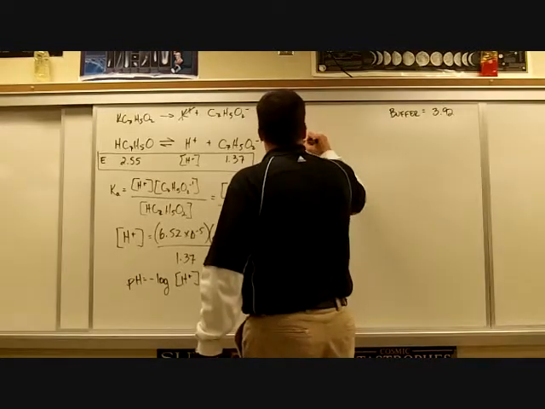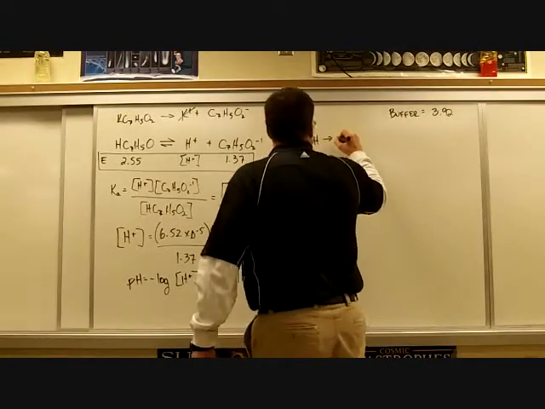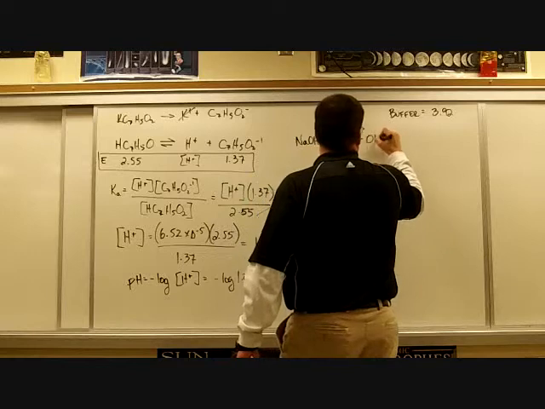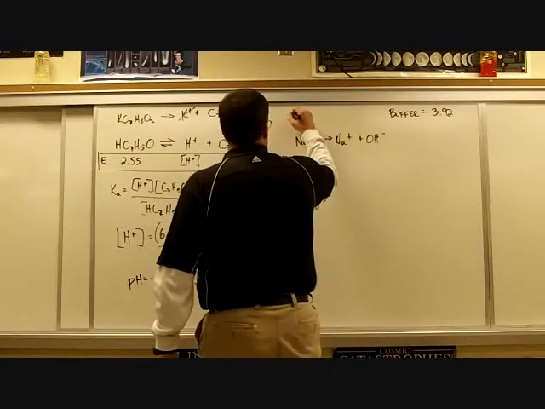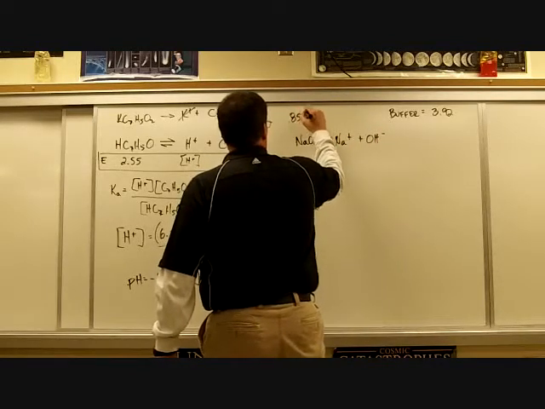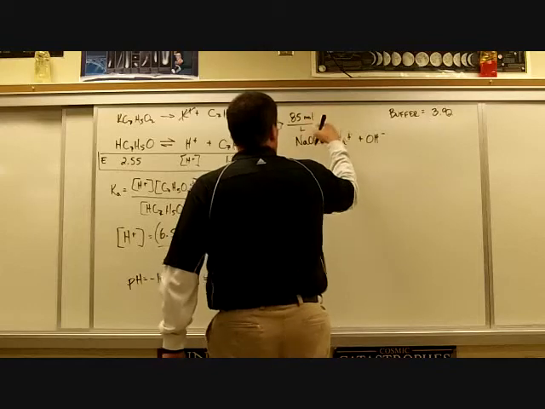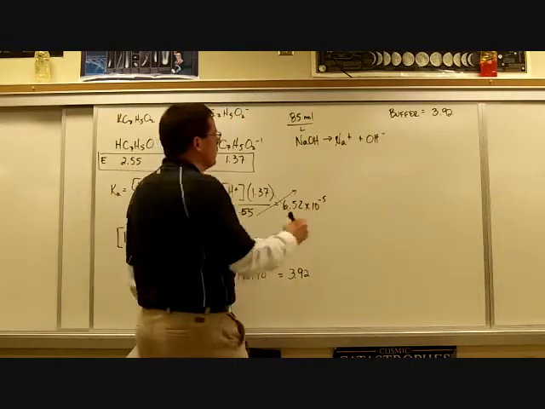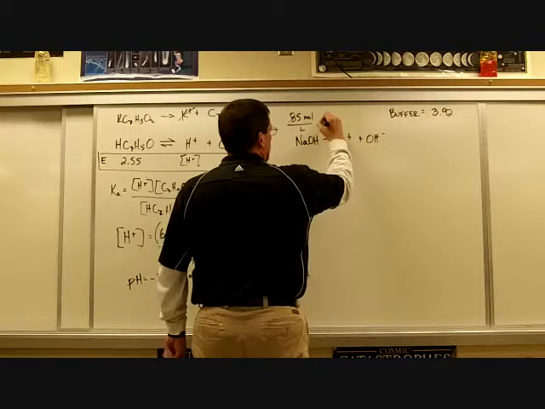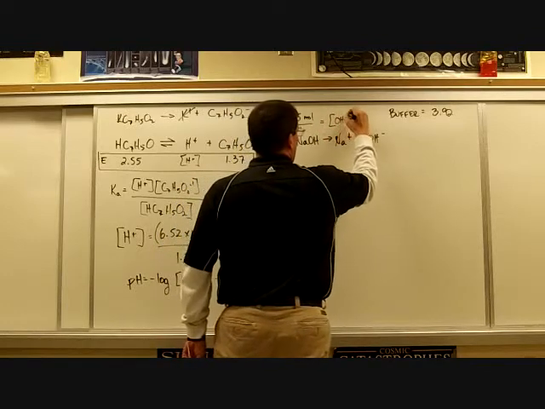So sodium hydroxide, again, strong base, dissociates completely. And we have a 0.85 molar solution because we have 0.85 moles in that 1 liter. So the hydroxide concentration is equal to that value.